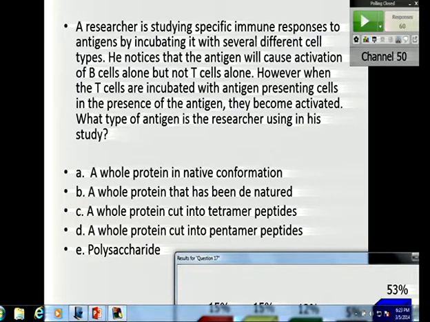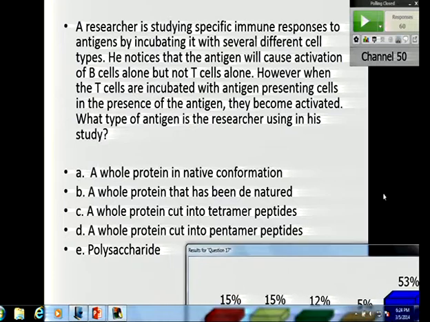Is that clear now? That's what this question is testing. The answer is whole protein in native conformation. The first one, option A. Yes?